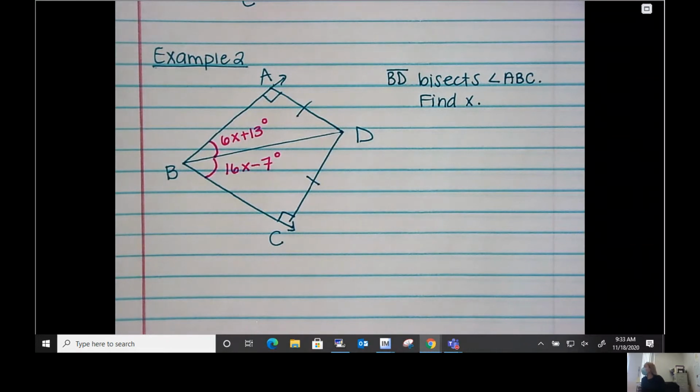Now, what do you know about those two angles? If they have been bisected, what does that mean about the two of them? They're equal. They're exactly the same. So I want to write an equation that says these two angles are exactly the same. How would I write that as an equation?